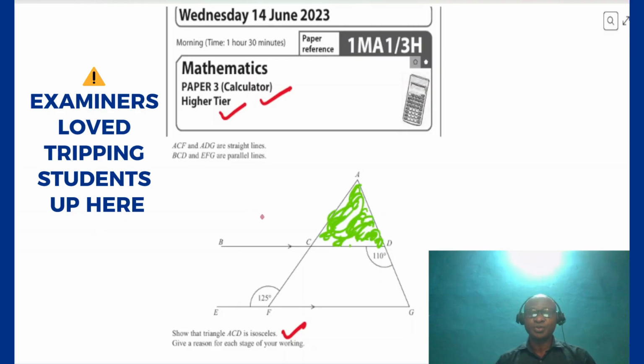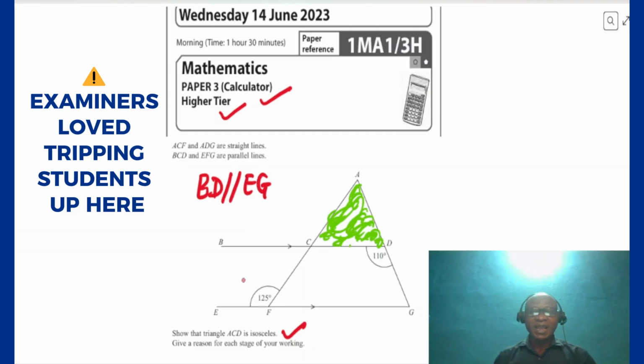Look at this line BD. Line BD is parallel to line EG.